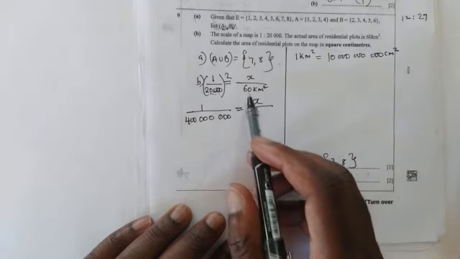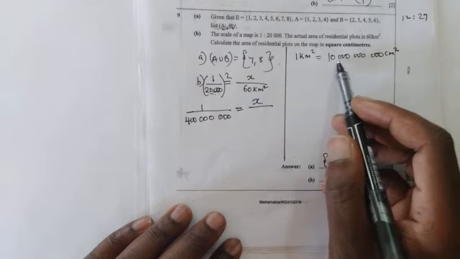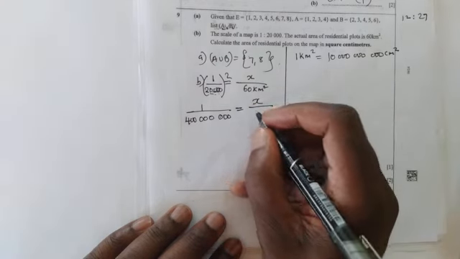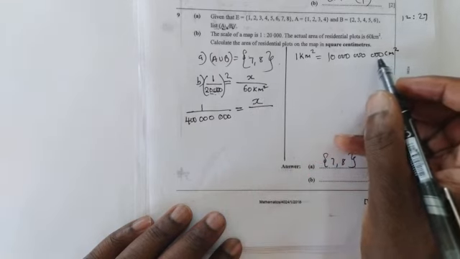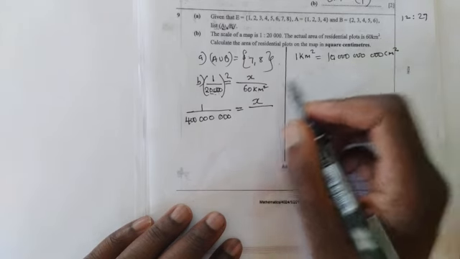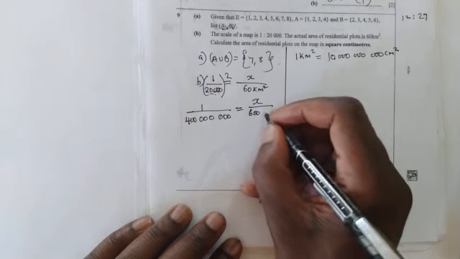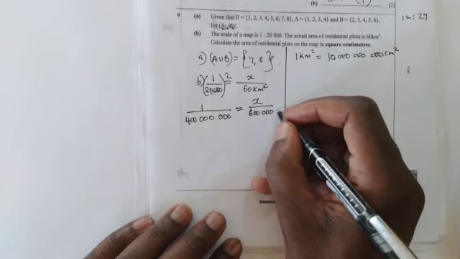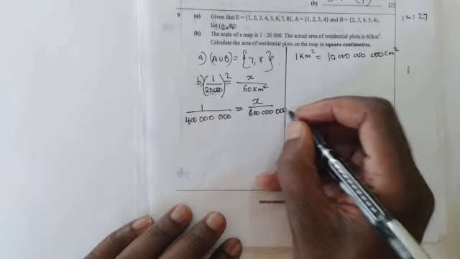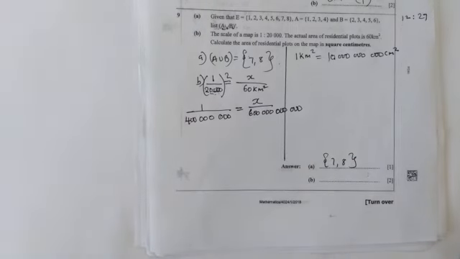So we need to multiply this one by 10 billion. When we multiply this one by 10 billion, it's going to have how many zeros? That's 9, 10, 11 zeros here. These are the zeros that we're going to have.